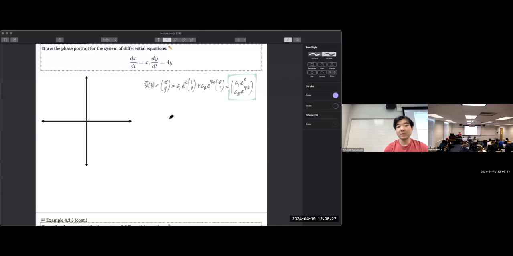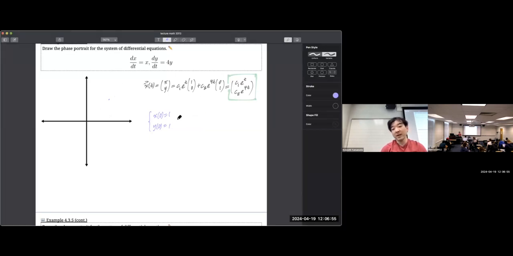Let's suppose I want to force my initial condition to go through (1, 1). I can do that by saying that x naught and y naught are both equal to 1. That means there's going to be a trajectory that is forced to go through this initial condition, so at t equals 0, x has to equal 1 and y has to equal 1. That's one way to force the trajectory to be drawn in this region.